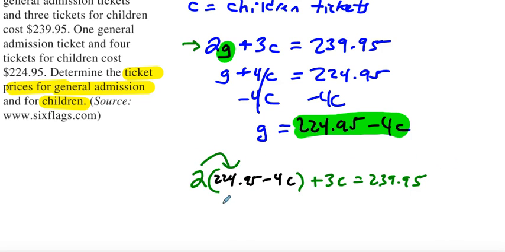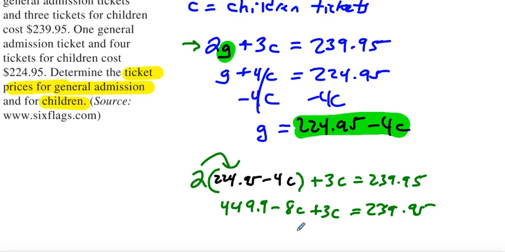Great. So let's go ahead and multiply. 2 times 224.95 is going to give us 449.90. Minus 2 times 4C is a negative 8C. Drop down the 3C, and that's 239.95. I can combine these right here, right? So if I subtract 449.90 and combine these, I'm going to do both of these in one step.